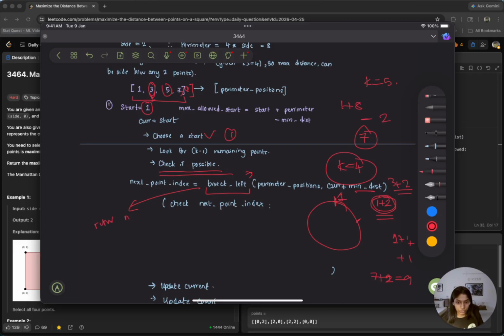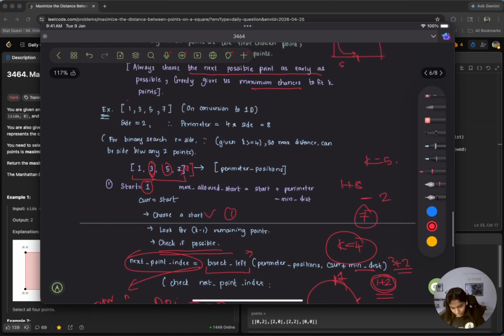So I want to make sure that whatever I get as the next point index, if it is equal to n, or else if the value of the perimeter positions at that next point index is crossing the maximum limit that we had.